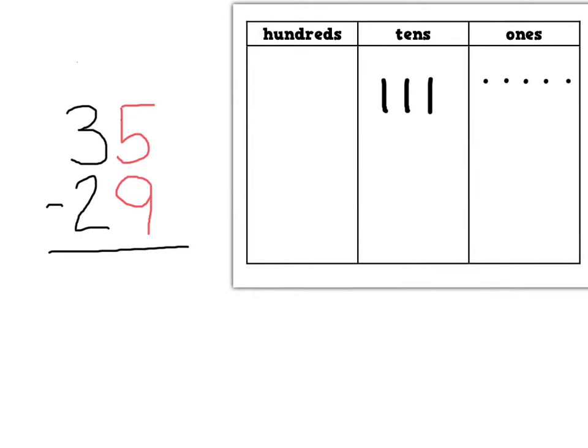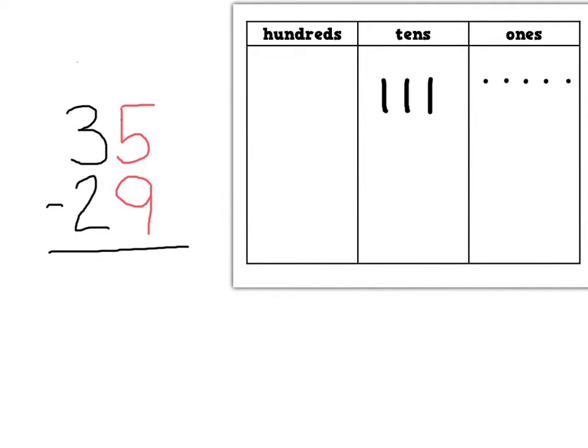I can see that I have more on the floor, so I have to think to myself, if I only have 5 ones, can I take 9 away? That's right, I can't. That means I'm going to have to go next door and regroup in my tens place.